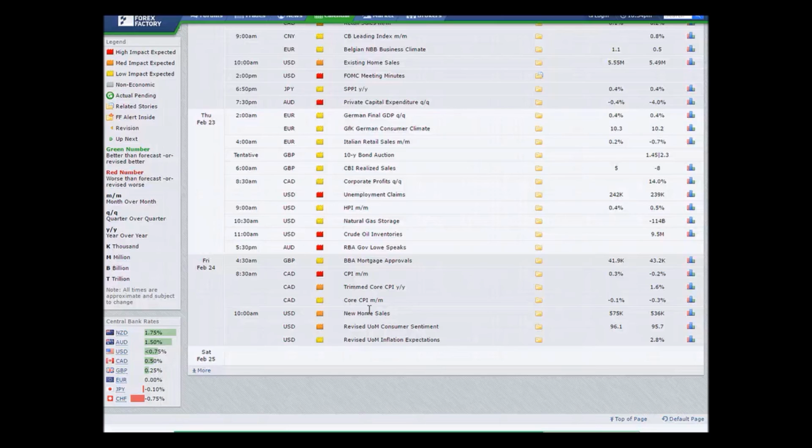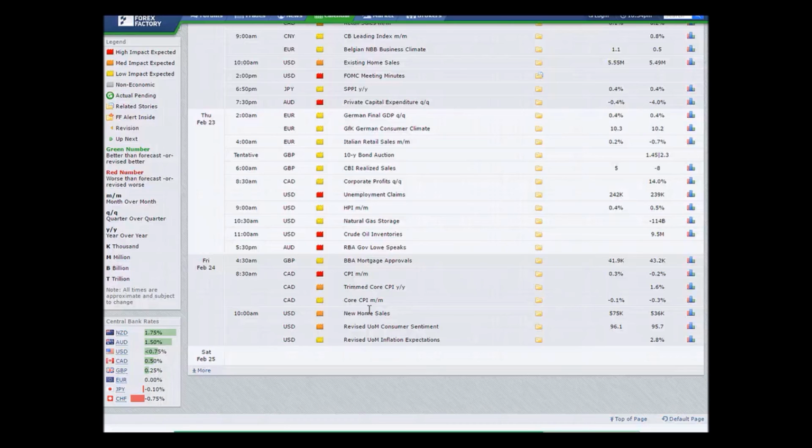New home sales are expected to rise from 536 to 575. If that number misses, you could see the dollar sell off. If we had strong Canadian data on the same day and weak U.S. data, then we could see the Canadian dollar gain.